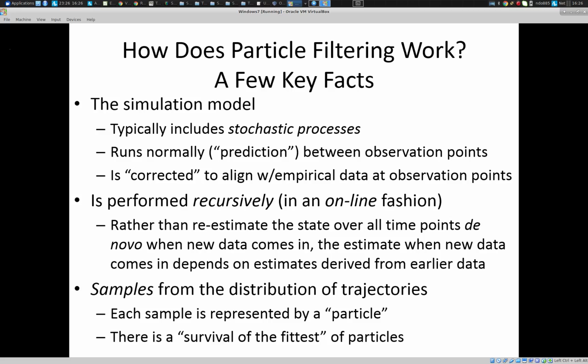It's got some variability incorporated in it. Particle filtering is performed in what we call a recursive fashion. So the values going forward that it anticipates are based on earlier values that it anticipated, based on yet earlier values. And it samples from the distribution of trajectories.